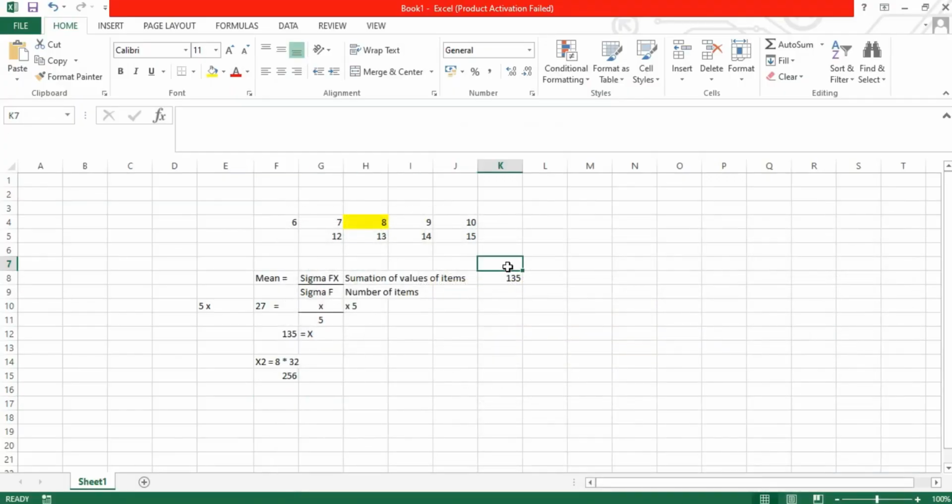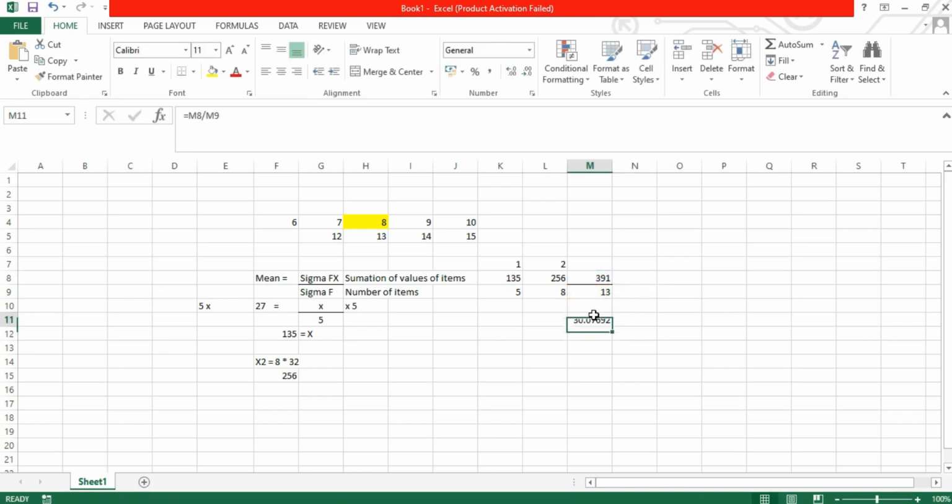So this is group 1's total, this is group 2's total, which is 256. Here the number of people is 5 and here the number of people is 8. And they are asking for the net mean of 13 people. So to get the net mean, what you need to do is simply add these two totals and add these two frequencies. And then divide 391 by 13. That's how you get it.